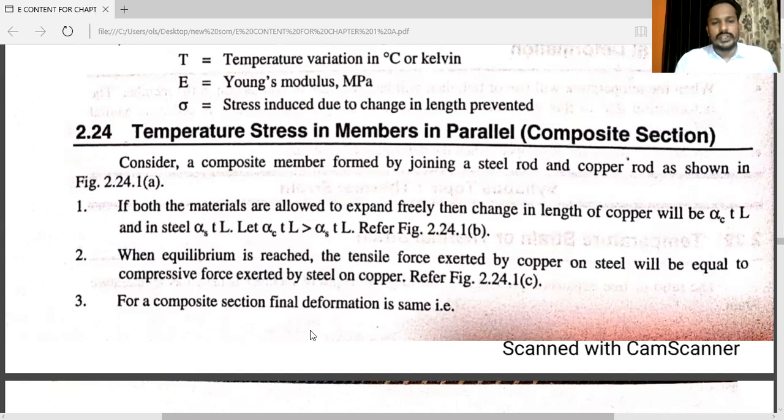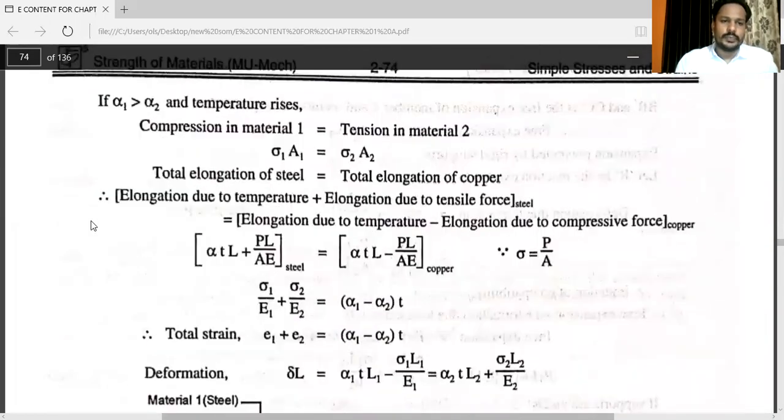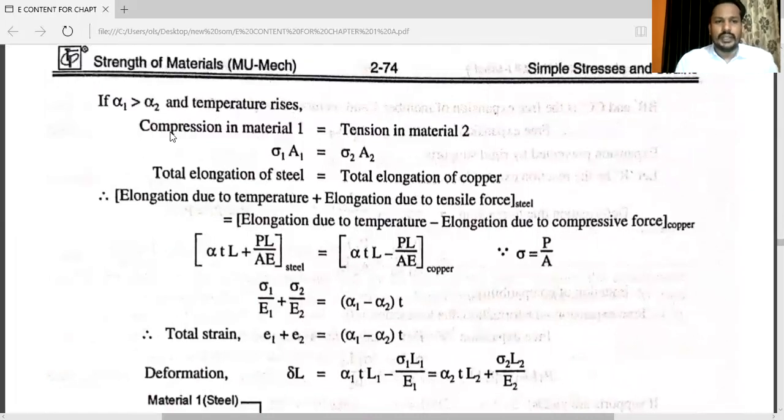For the composite section, the final deformation is the same, that is also shown in the diagram. If alpha 1 is greater than alpha 2 and the temperature rises, then compression in material 1 is equal to tension in material 2. So sigma 1 into A1 is equal to sigma 2 into A2. Total elongation of steel is equal to total elongation of copper.